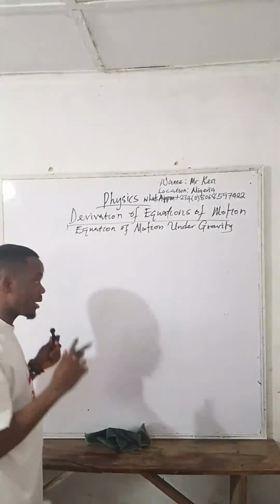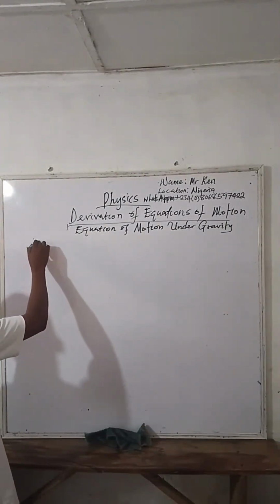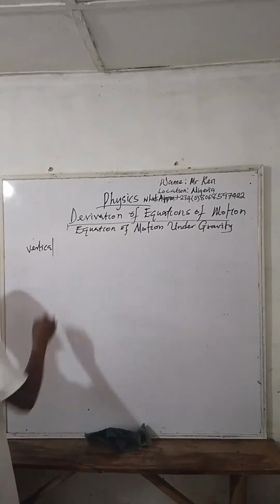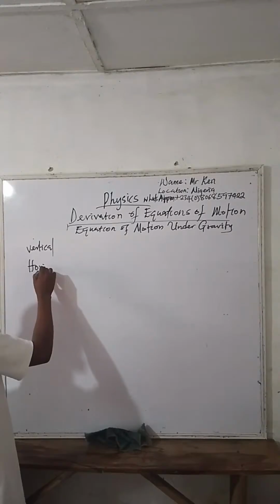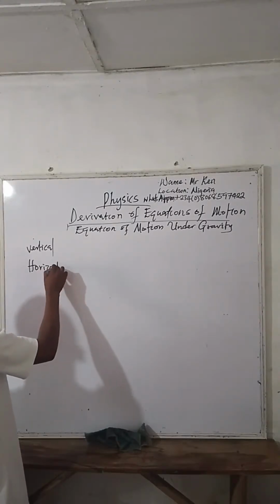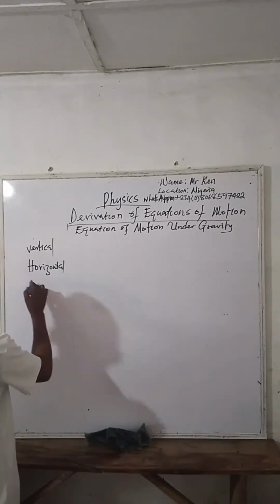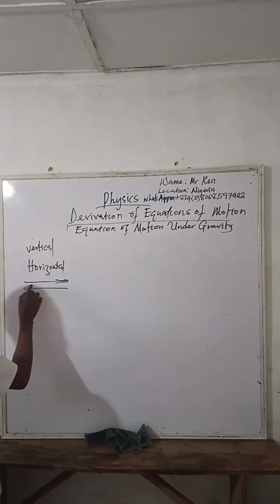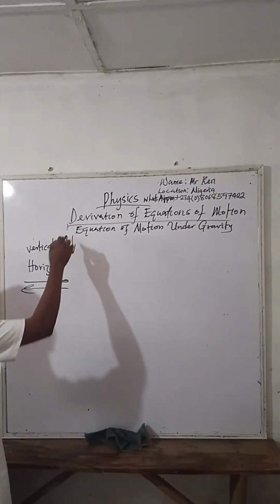See, motion can be vertical. Motion can be horizontal, either forward or backward. For vertical motion, either upward or downward.